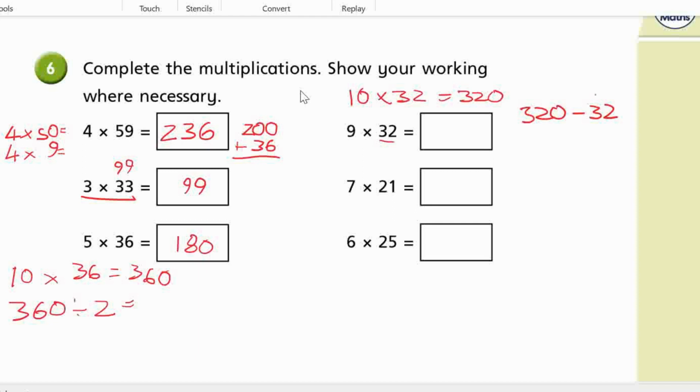So we take the 20 from here and here, means 300 minus 12, which gives us 288.